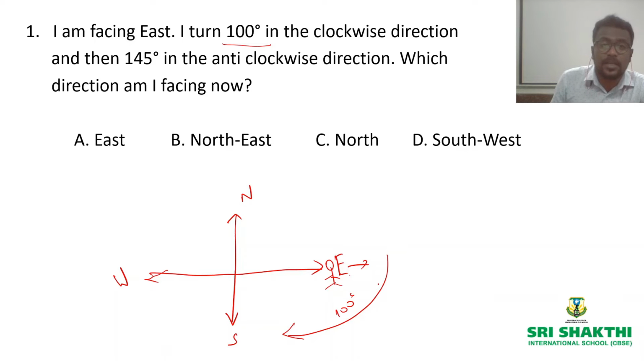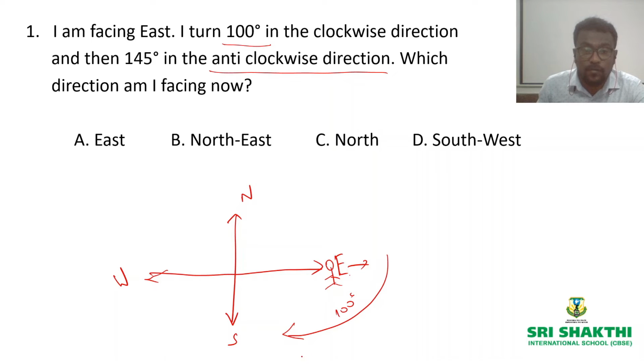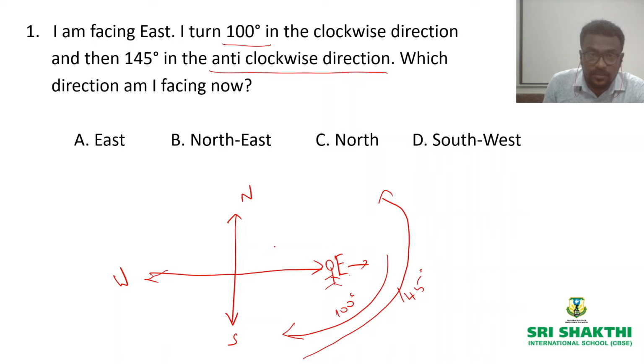Why am I saying he came back? Because he walked in an anti-clockwise direction, which is in a reverse direction. So he is coming back 145 degree. So he will be 45 degrees moved from east direction.